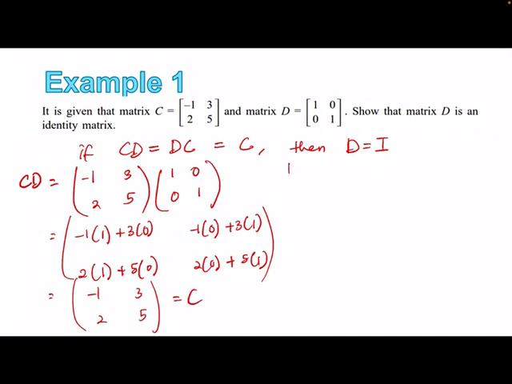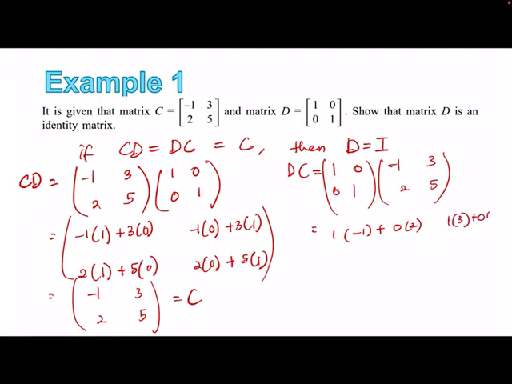Let's do DC. So DC equals [1, 0; 0, 1] times [-1, 3; 2, 5]. So 1 times -1 plus 0 times 2, 1 times 3 plus 0 times 5, 0 times -1 plus 1 times 2, 0 times 3 plus 1 times 5.